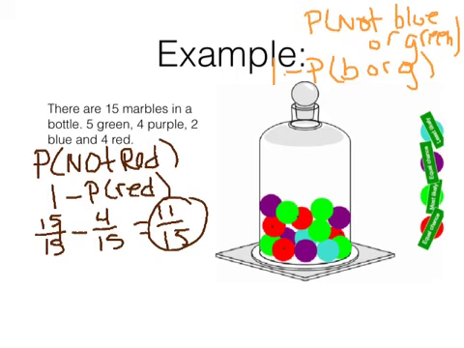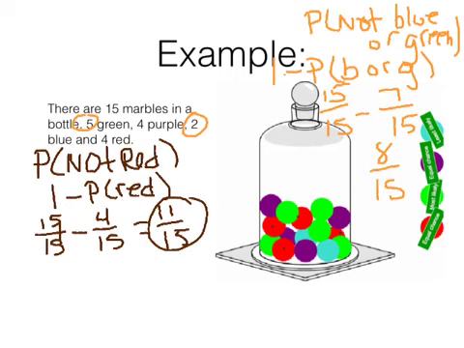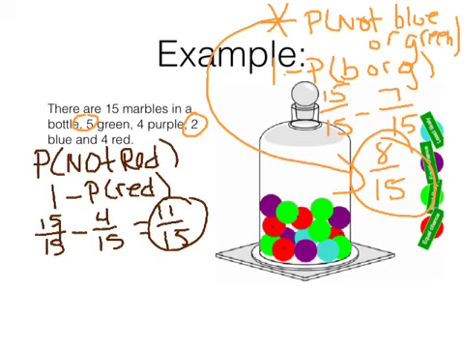So we have 2 blue and 5 green, so that is 7/15. And we rewrite 1 with a denominator of 15 to make our math a little bit easier. So 15 minus 7 is 8. So the probability of not getting a blue or green is 8/15.